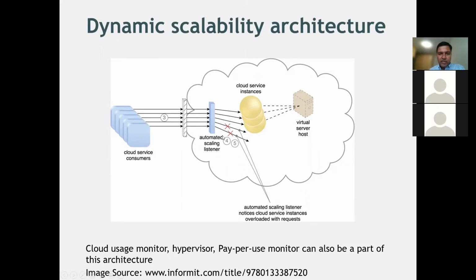So things can dynamically scale out, and within that some decision maker can be there. These are also used for the cloud usage monitor, hypervisor, and pay-per-use monitor. This kind of architecture is used.